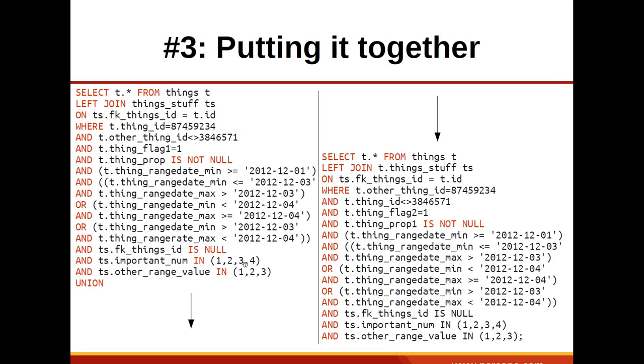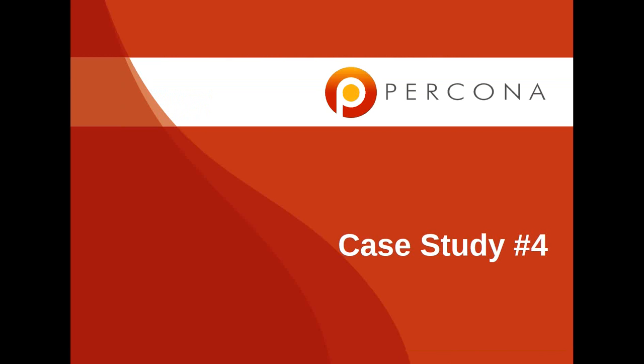The issue was the range condition on the important number and the other range value, and the index merge. So this query is fast enough. If I remember correctly from the cases I put this together from, from the multiple seconds range, we went down to single-digit milliseconds here.